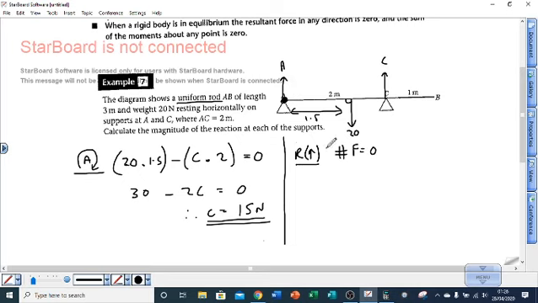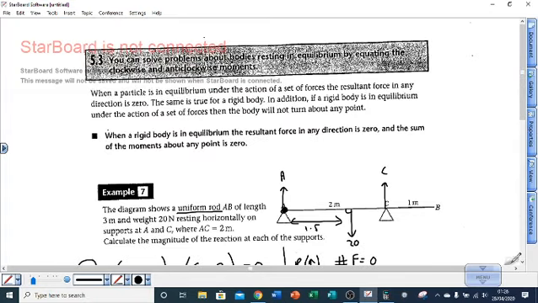So the only positive ones are force A plus force C, which we now know is 15, take away the force 20, and we know the sum of those forces is equal to 0. That gives you -5, throw it over, and therefore A is 5 newtons. And that's the answer for the first one. Okay, there's nothing underneath. Right, over the page.